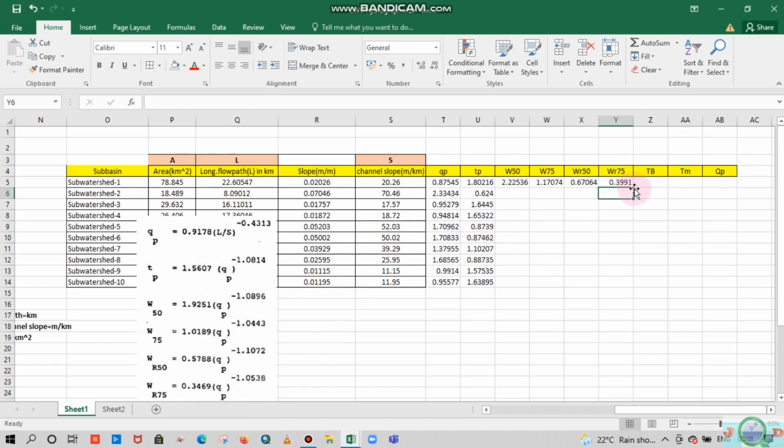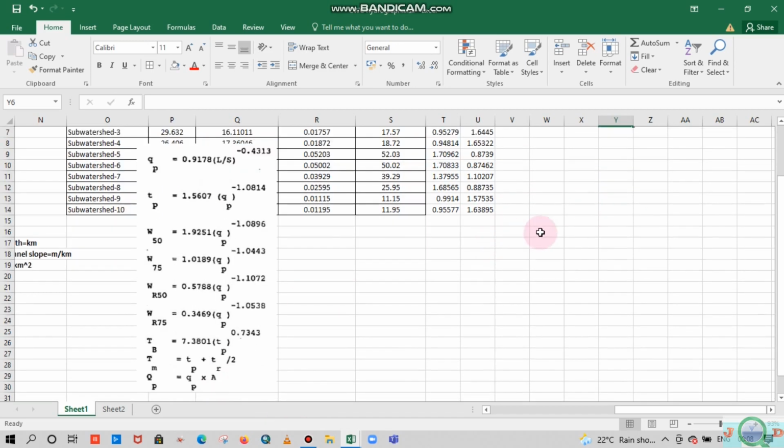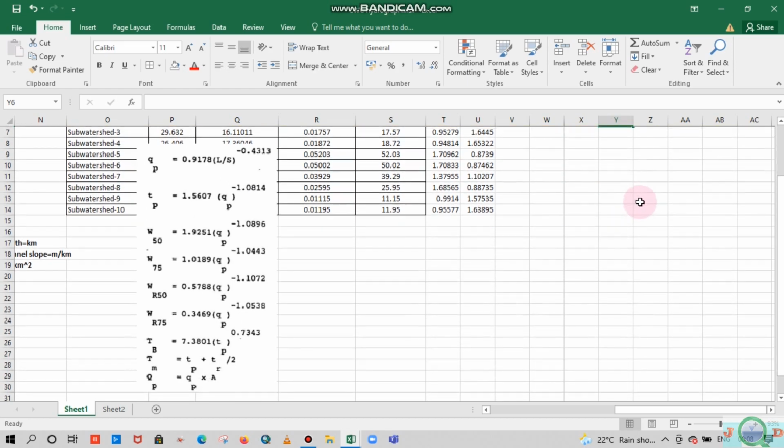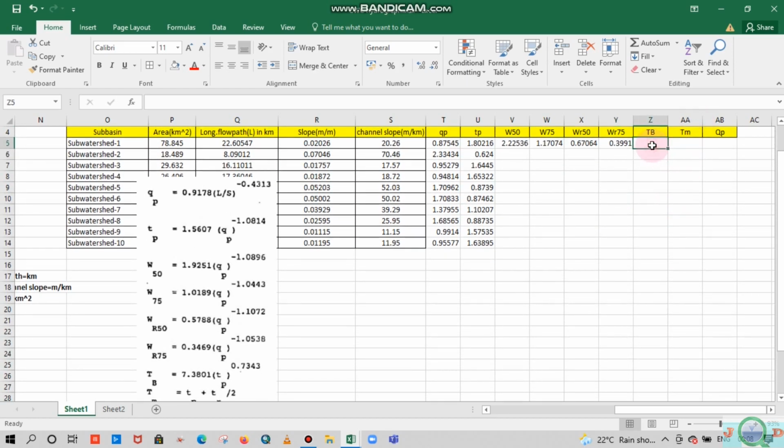Now next is the TB, the time base, which is 7.38 into Tp to the power 0.7343.